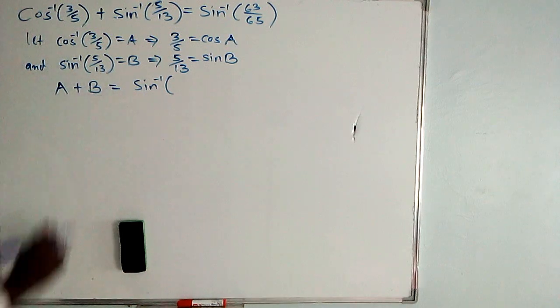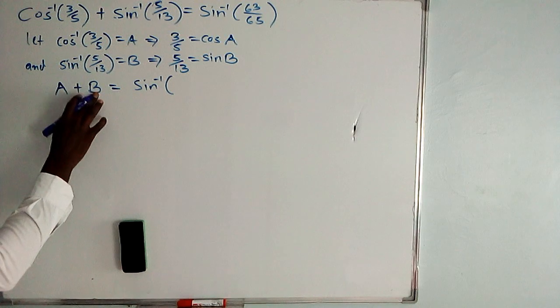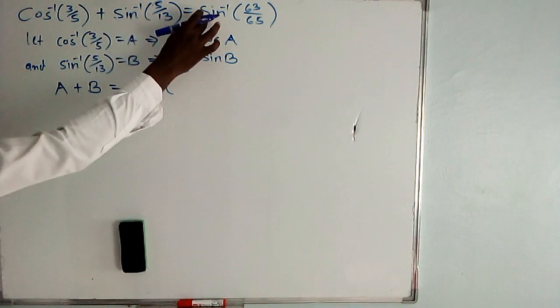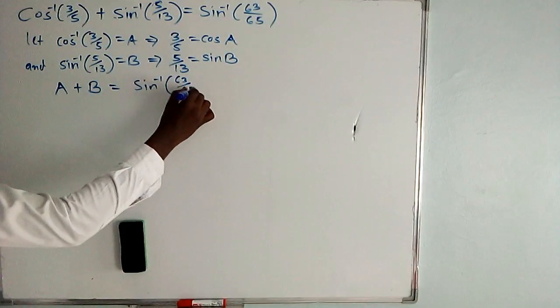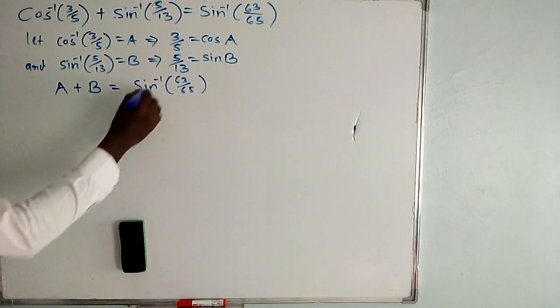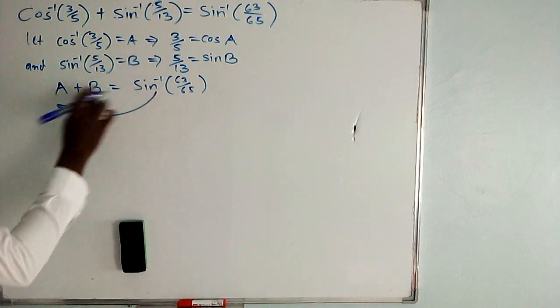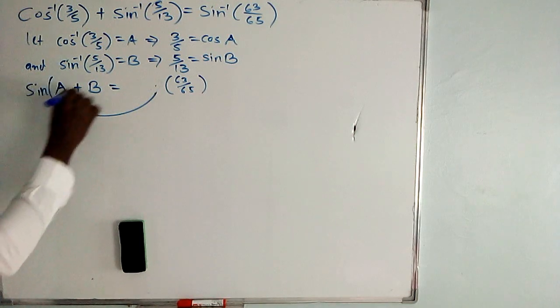Together, this will now imply that A plus B is equal to sine inverse of 63 over 65. Are we together? If you take sine inverse on this side of the equation, we now have sine of A plus B is equal to 63 over 65.